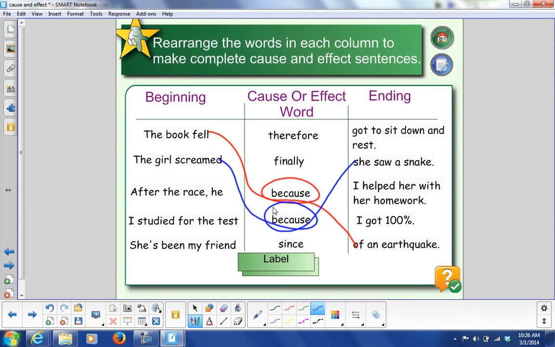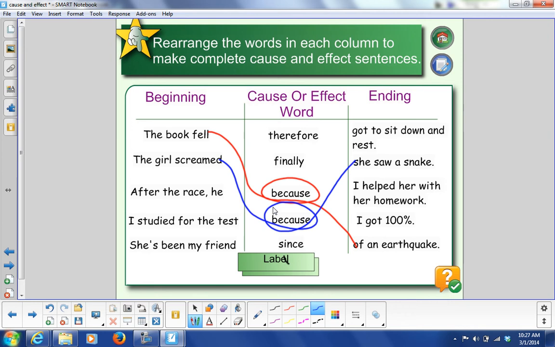Alright. After the race, he blank. After the race, he got to sit down and rest. Okay. After the race, he got 100%. After the race, I helped her with her homework. Okay, that doesn't make sense. So after the race, got to sit down and rest.